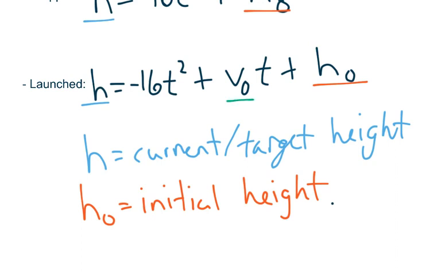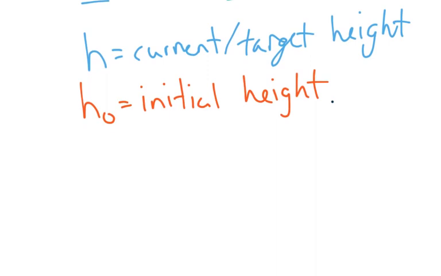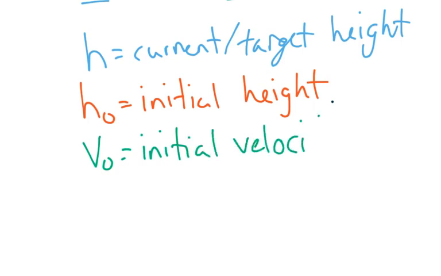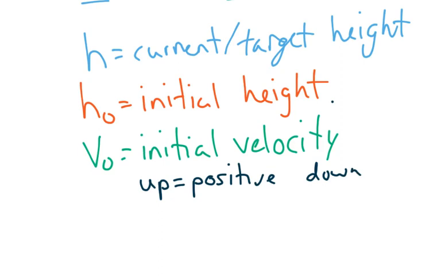V sub 0, well, if H sub 0 was the initial height, it makes sense that V sub 0 would be the initial velocity. One thing as a side note with initial velocity: if something is going up, that is a positive velocity, and if it's going down, that would be a negative initial velocity.